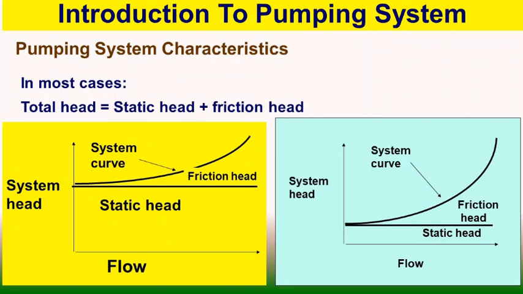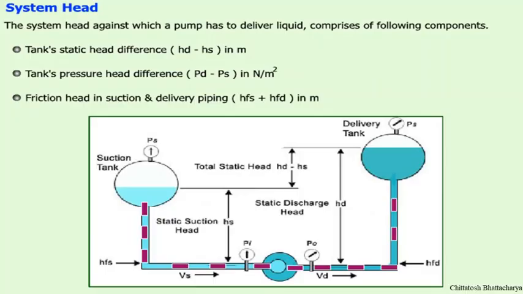So we find system head has three components against which a pump has to deliver liquid. It constitutes the static head difference between the suction tank and delivery tank, then the tank's pressure head difference, and friction head in suction to delivery piping. So these three components together constitute system head.